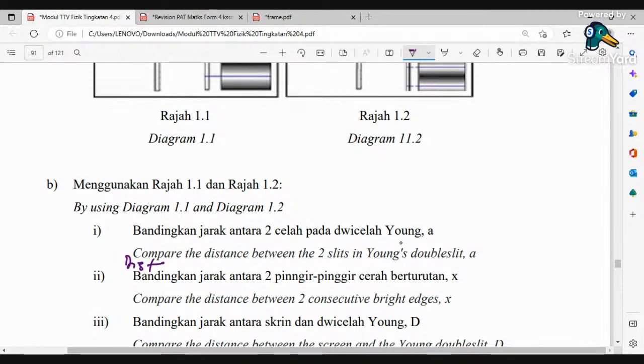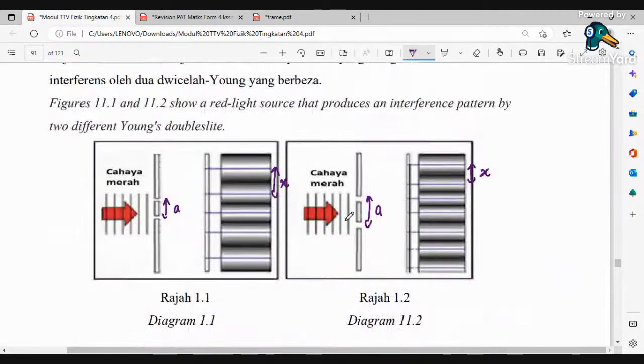Okay, distance between two slits. So distance between two slits in 1.1 is shorter than in 1.2. Compare distance between two consecutive bright edges x.